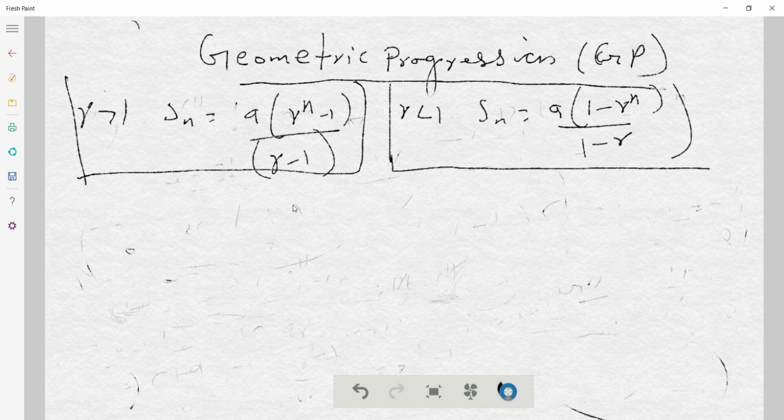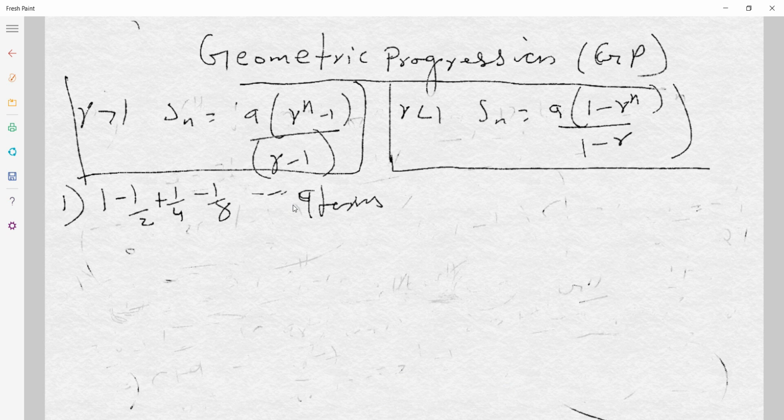We're going to do one exercise here just to give you more clarity. Let's take example number 1. Find the sum of this GP: 1 minus 1 by 2 plus 1 by 4 minus 1 by 8 and so on up to 9 terms.